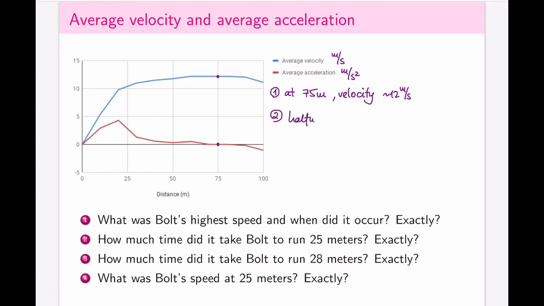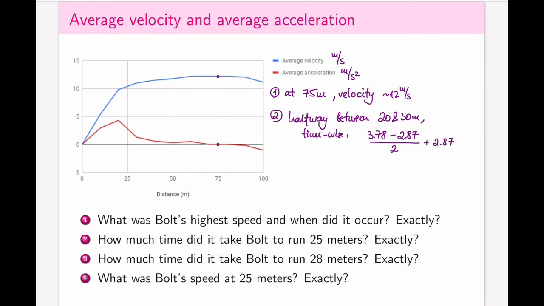So halfway between 20 and 30 meters. So time-wise, we can assume that it's halfway between 3.78 and 2.87. So we calculate the half point, and then we'll actually have to add that half point to 2.87.